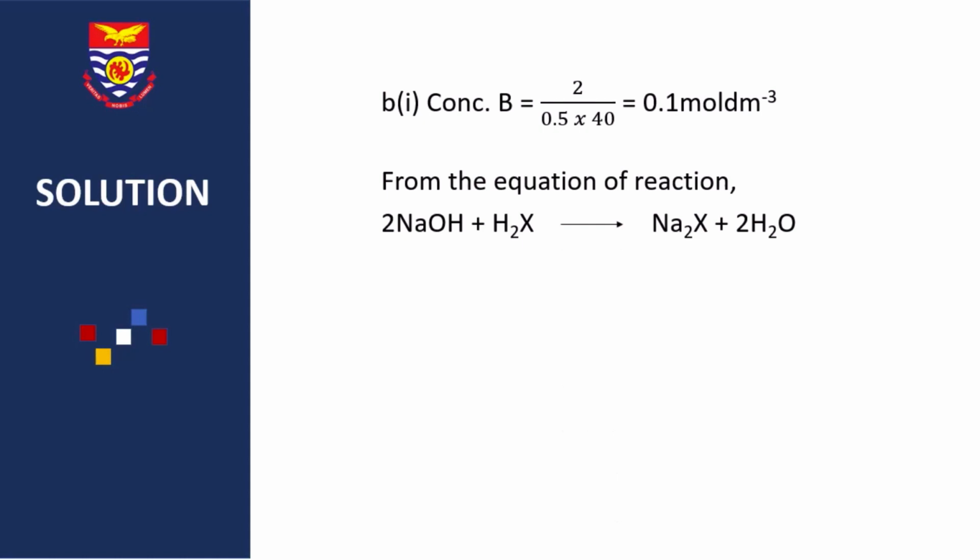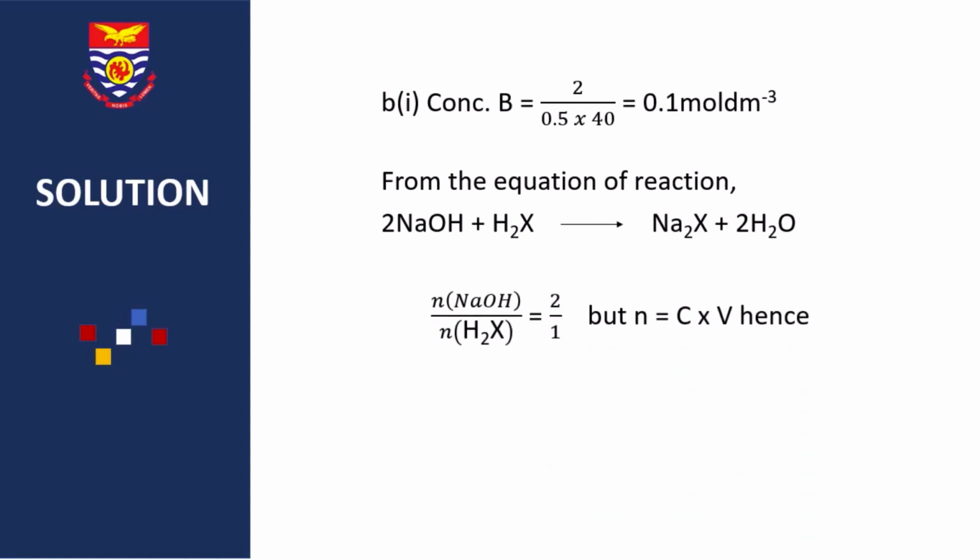So we have the equation of reaction, which is sodium hydroxide reacting with the dibasic acid to give us Na2X, the salt, and water. But we don't know the X, and so we have to find it.